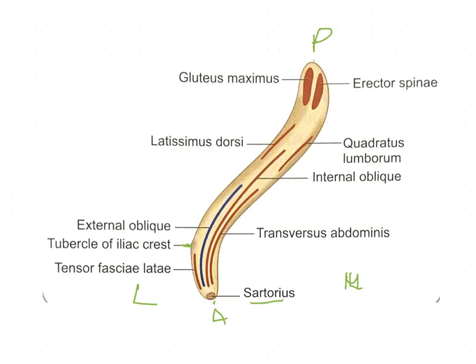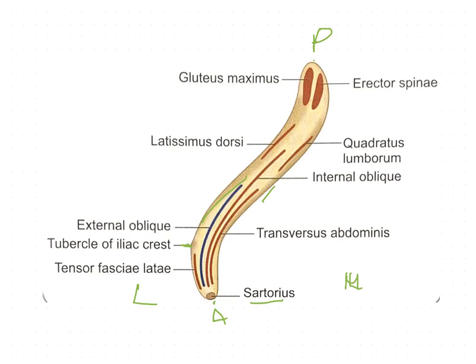Okay, so what are the remaining muscles which are getting attached? As we know, it is divided into ventral 2/3 segment and remaining dorsal segment, isn't it? Yes, and this crest has an outer lip as well as an inner lip.